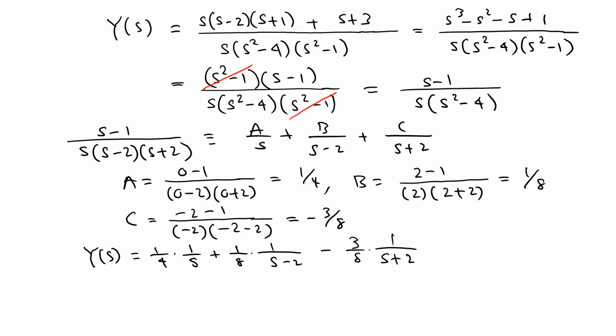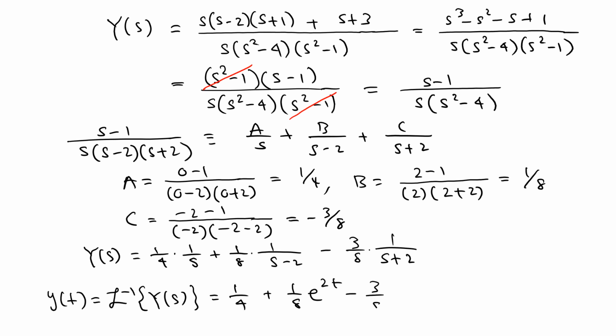So by inverting, we can see that y(t) is the inverse Laplace transform of Y(s), which is 1/4, and then we have 1/8 for s minus 2, that means e to the 2t, and negative 3/8 e to the negative 2t.